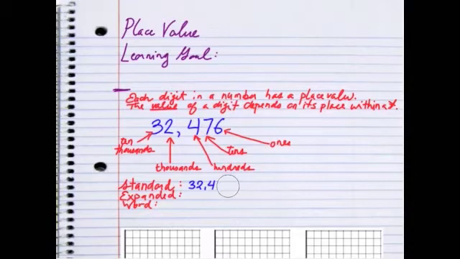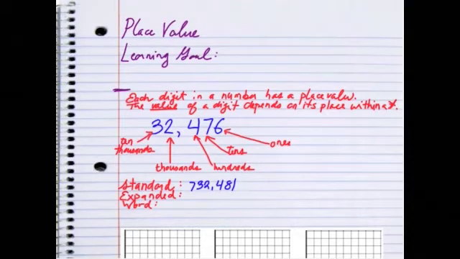For this example, let's use something a little larger. Let's use 732,481. When I'm looking at the expanded form of this number, I'm actually thinking of an addition problem, and I'm thinking of each place value being added together to represent this whole number.